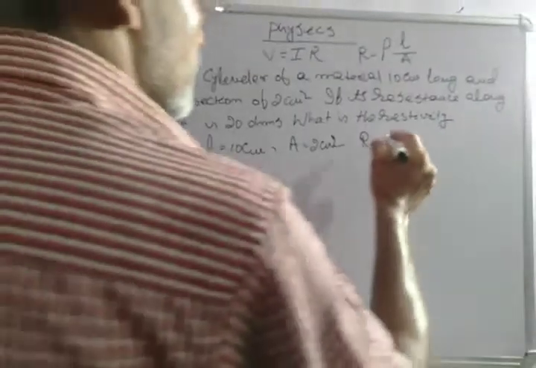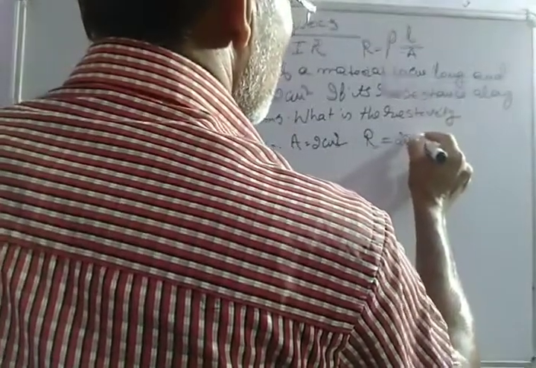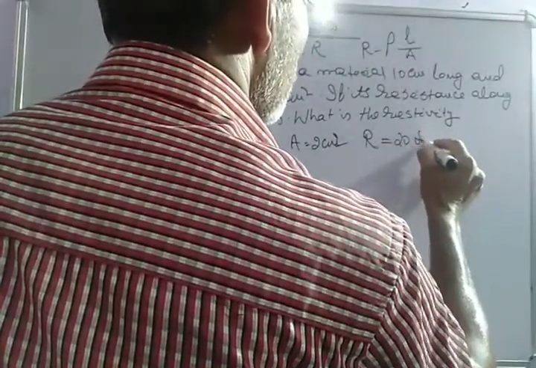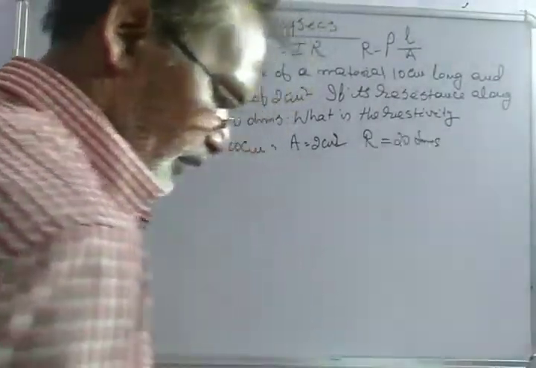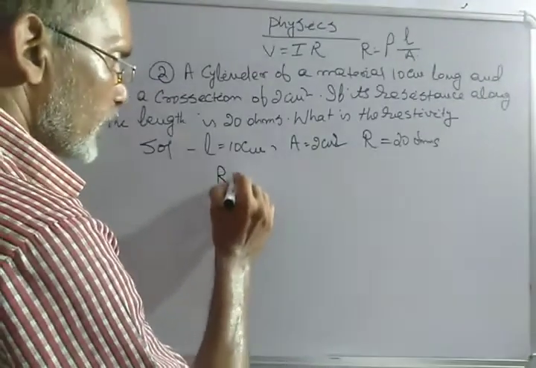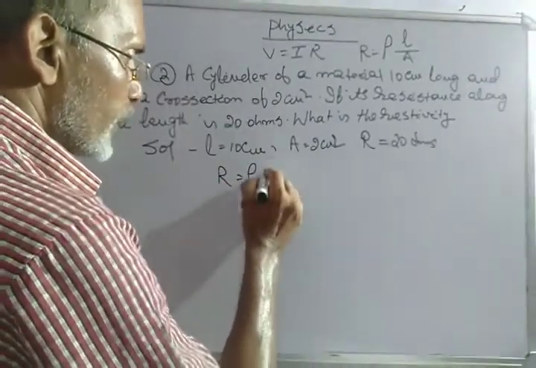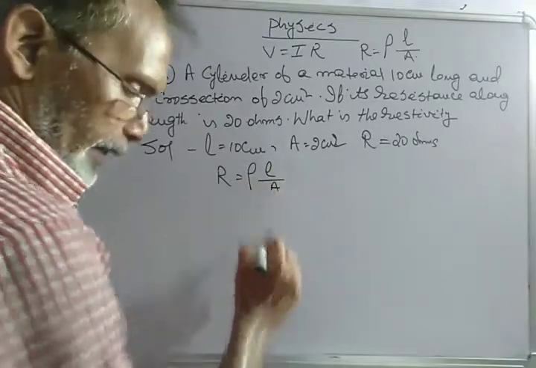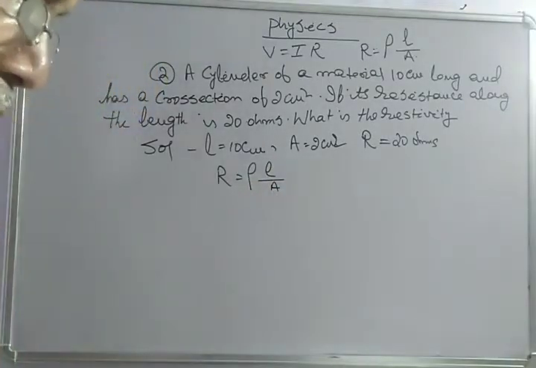Resistance is given here 20 ohms. So R is equal to rho L by A.